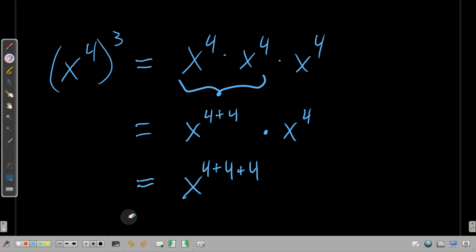And isn't it true that 4 times 3 is just 4 plus 4 plus 4? It's 3 4s being added.